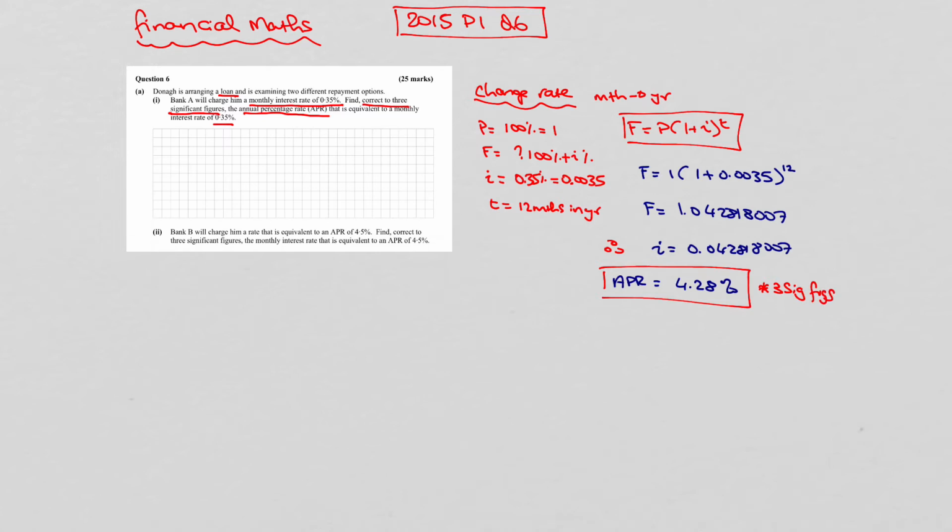Okay, so part 2 then says, well, Bank B is going to charge him a rate that's equivalent to an APR of 4.5%, and we have to find, correct to three significant figures, the monthly interest rate that is equivalent to this APR. So again, we're changing the rate. And this time we're doing our usual of yearly to monthly.